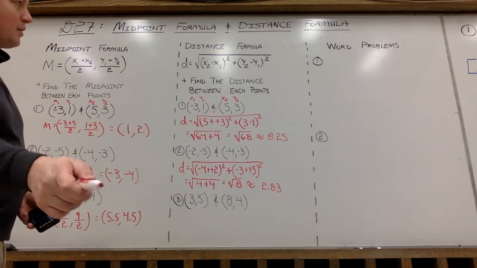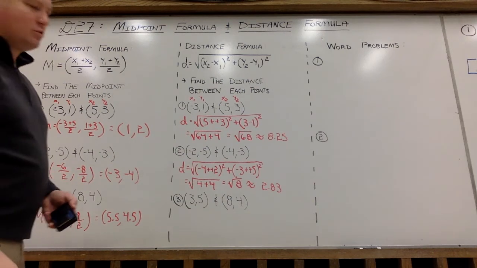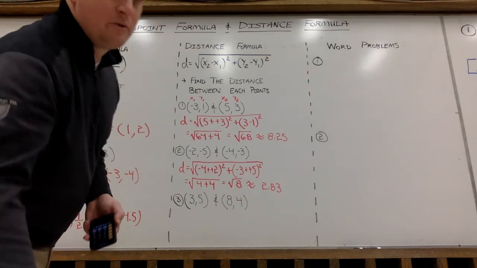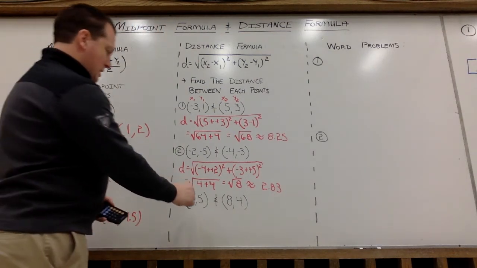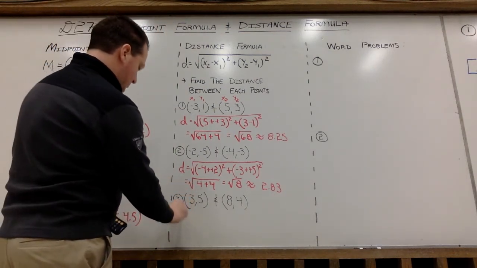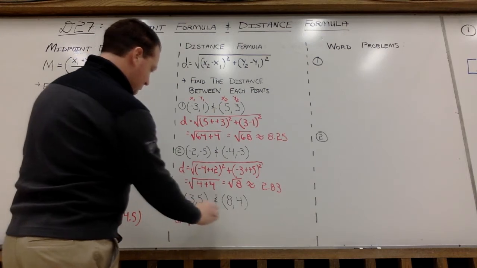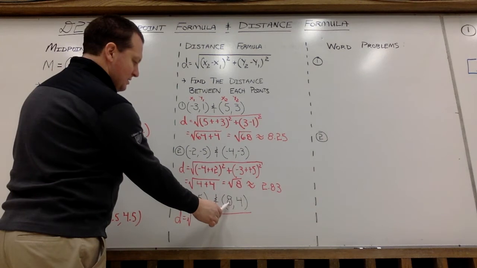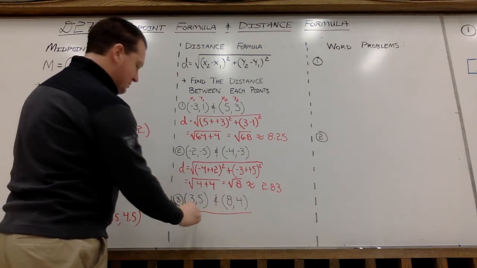All right, the grand finale before we look at 2 problems with words, known as word problems. All right, let's roll them. We've got x2 minus x1, so I'll go 8 minus 3.